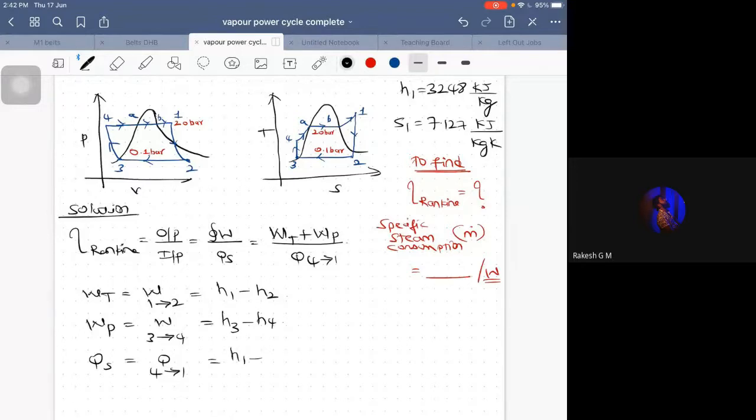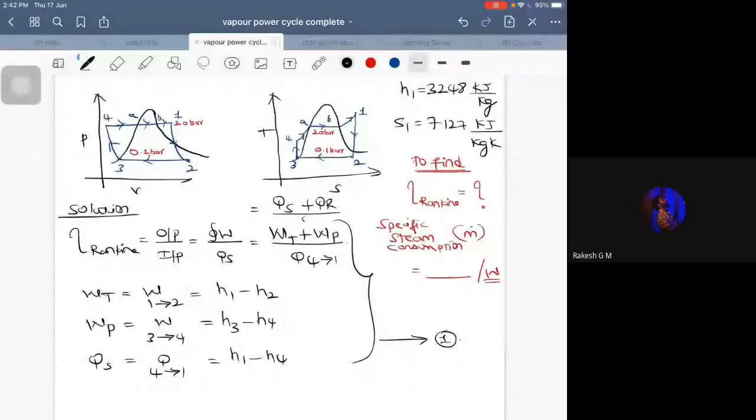I will take all these expressions as equation one. Since work flow is equal to heat flow, you can also calculate (QS plus QR) divided by QS. Why? Because the work flow is equal to the heat flow according to the first law of thermodynamics.